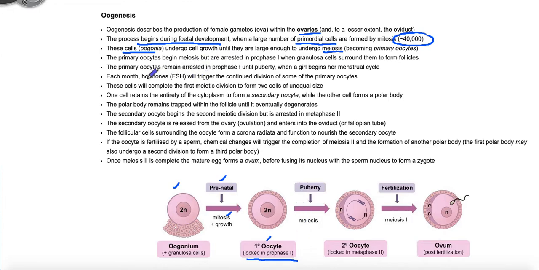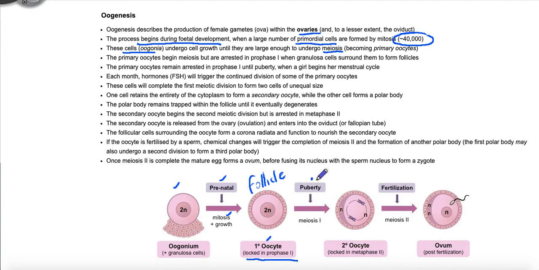Okay? So notice that the primary oocytes here are surrounded by these granulosa cells, and they are now called a follicle, because they're surrounded by these cells that provide nourishment for them. So here we see the cell that is locked in prophase 1 until puberty.